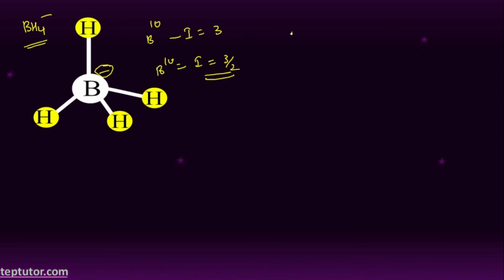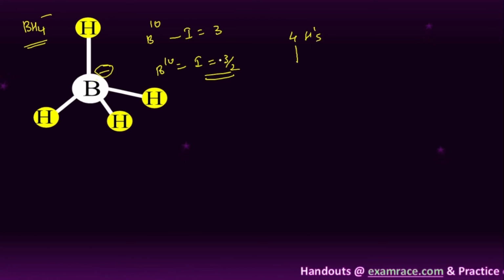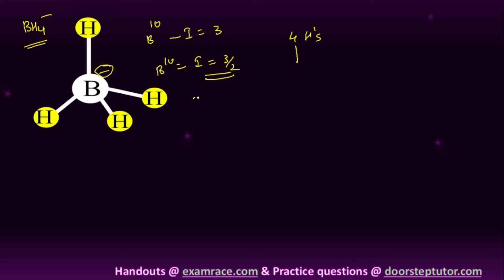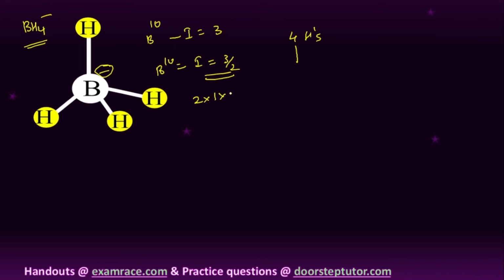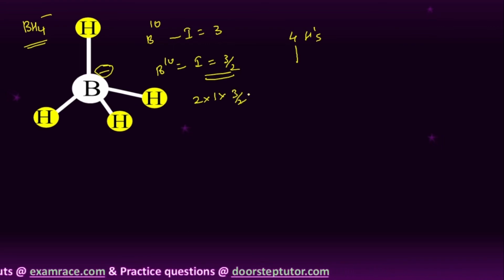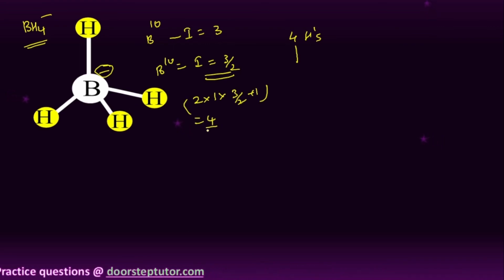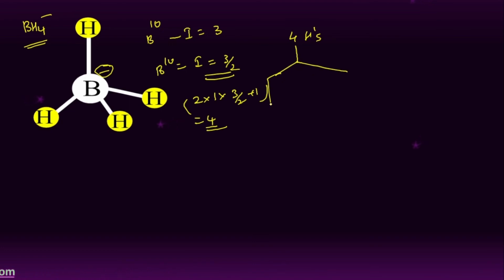So these four hydrogens are coupled with B11. B11 means 2 into 1 into 3 by 2 plus 1, so it gives 4 lines, a quartet in the NMR spectrum, right?